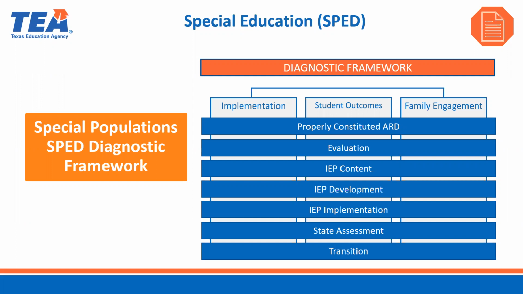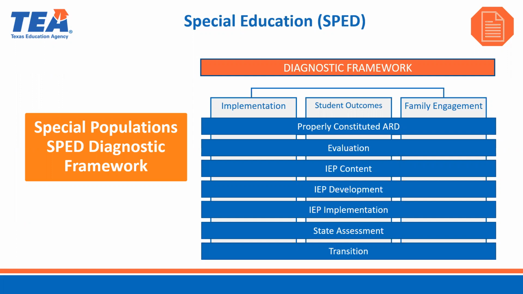In collaboration with stakeholders, the TEA engaged in an analysis protocol to revise and refine the system of general supervision. As a result, the TEA developed a diagnostic framework that concentrates general supervision activities in 3 domains. Those domains are implementation, student outcomes, and family engagement.